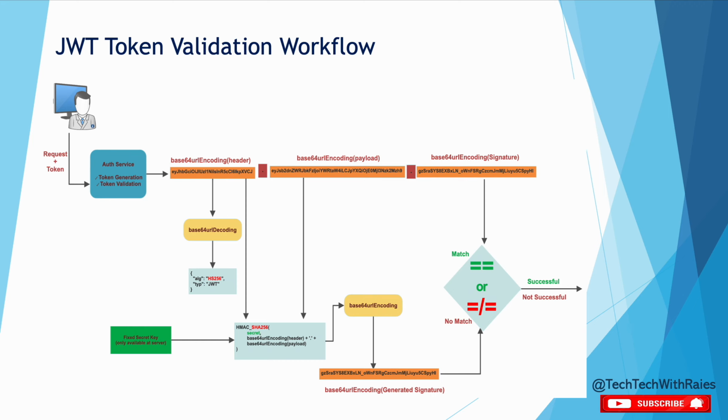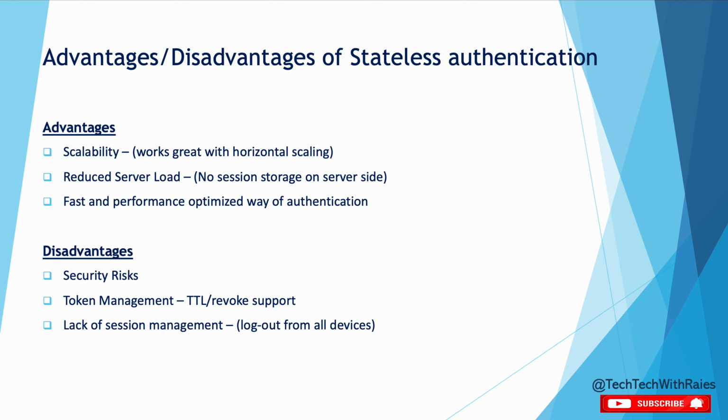This is a great way of handling a scalable system, and whatever disadvantages there were of stateful authentication, all of them were mitigated here. Let us talk about advantages and disadvantages of stateless authentication using JWT token authentication.